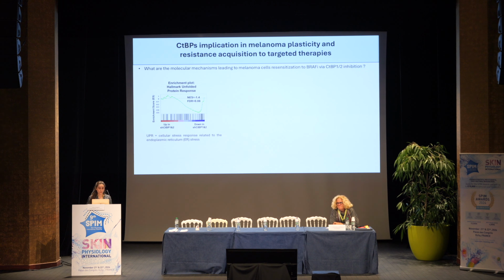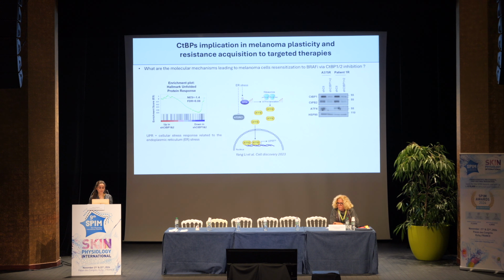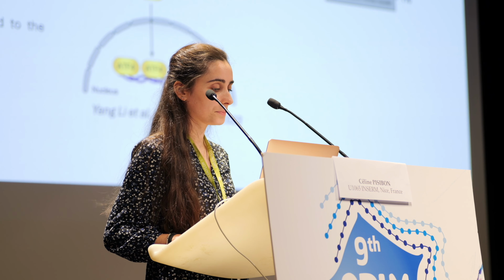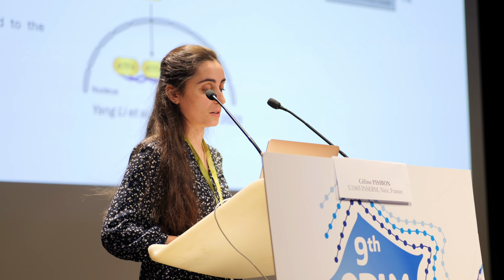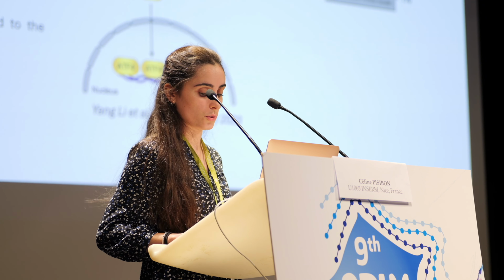And the second thing that we saw was that in deficient CTBP1 and 2 melanoma cells, we have an inhibition of the UPR response. And UPR stands for unfolded protein response, which is a cellular stress response related to the endoplasmic reticulum, or ER stress. And to validate these results, we looked at one major effector of this ER stress called ATF4. We can see here in Western blot that ATF4 decreased when we knocked down CTBP1 and 2.